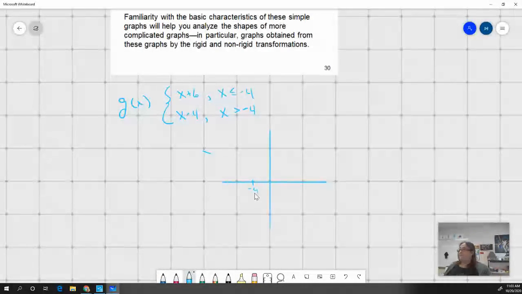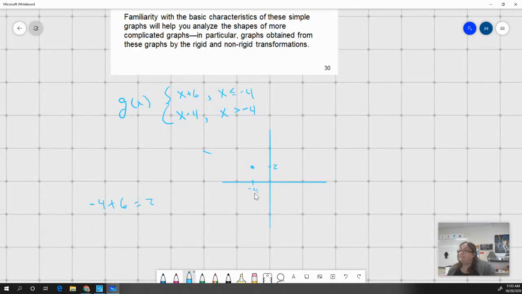So at -4, our y would be -4 plus 6, which is 2. So at -4, I'm going to have a point here at y equals 2. It's equal to, so it's solid.